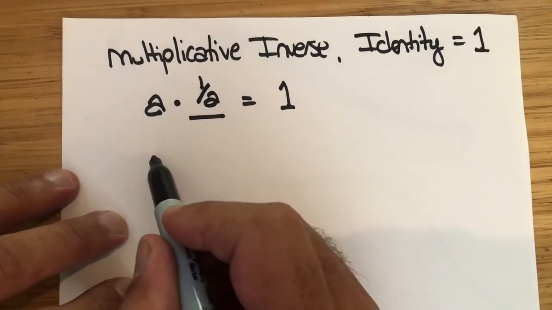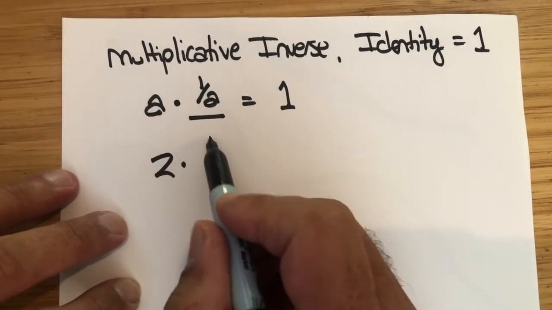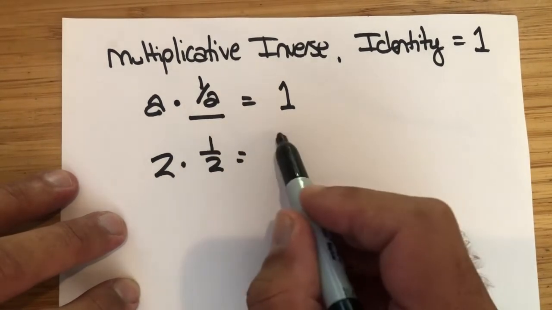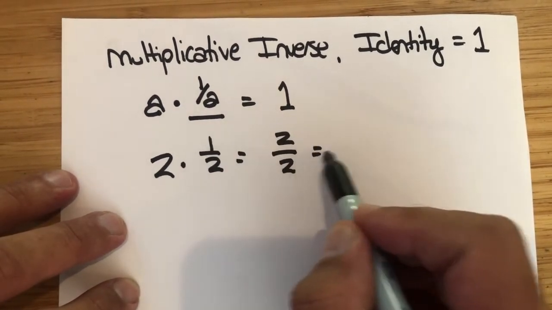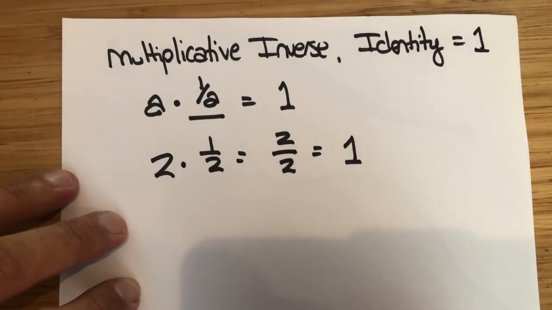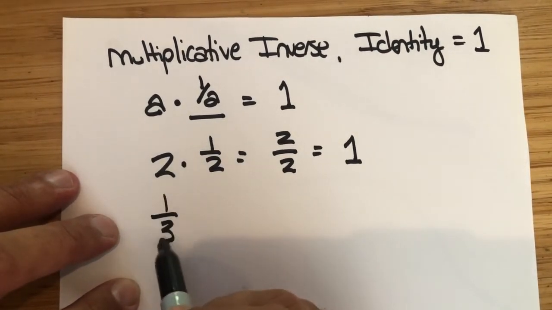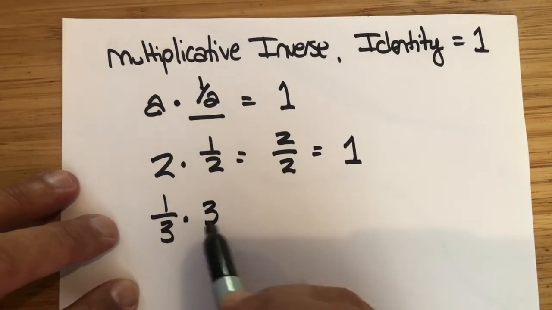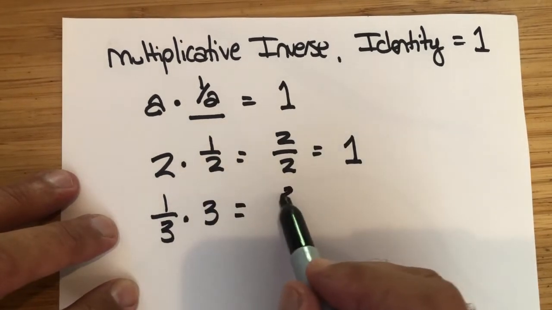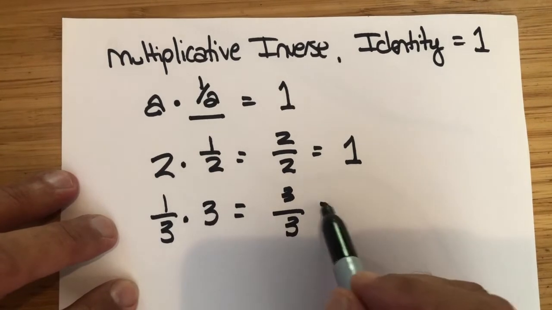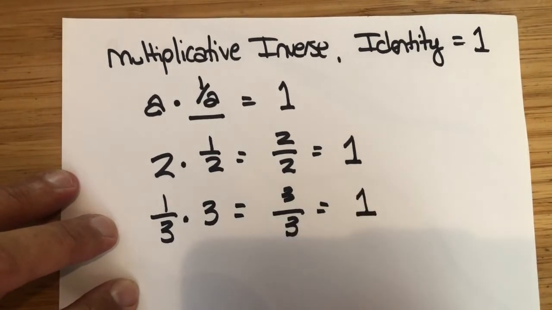So for example, 2 times 1/2 equals 2 over 2 equals 1. 1/3 times 3 equals 3 over 3 equals 1.